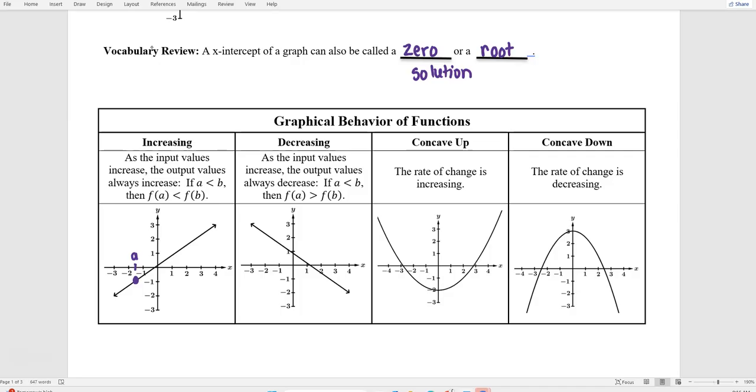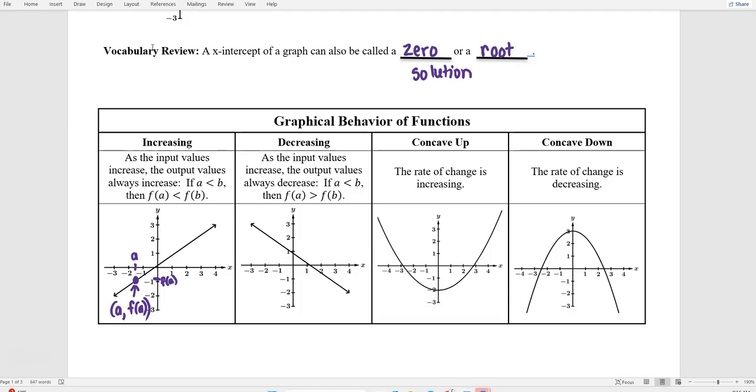Because A is just a letter. Well, then the coordinates of this point right here would be A and then f of A. So the y coordinate here, I could label as f of A.